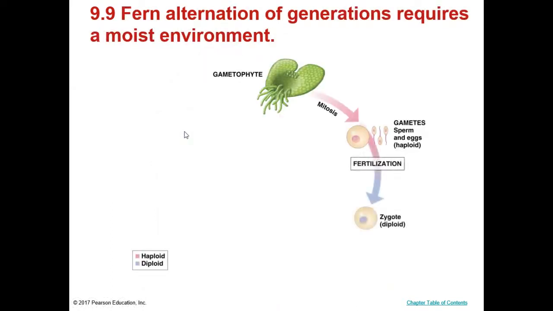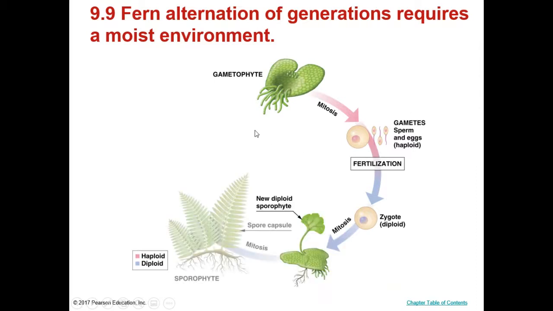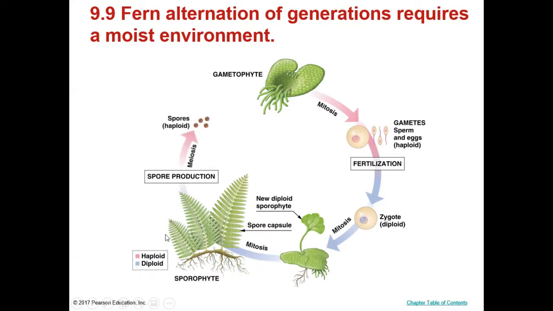So here's the alternation of generations for ferns. First, they start off as haploid gametophytes. Through mitosis, they produce sperm and egg that are haploid, evidently. Then those fertilize, and through mitosis, produce a large plant, right? After that happens, spore production takes place on the underside of the leaves. Through meiosis, those spores are produced.